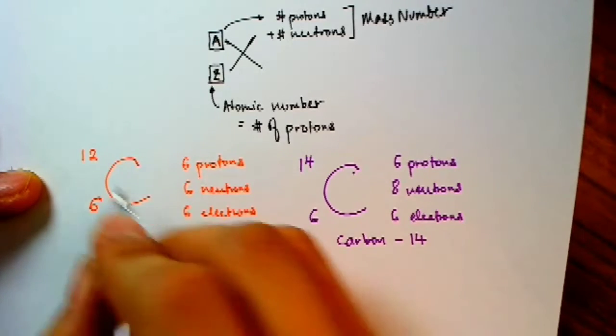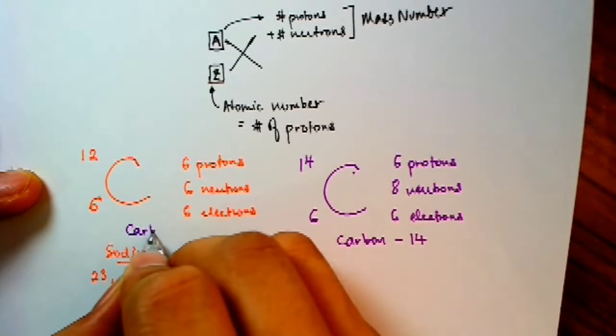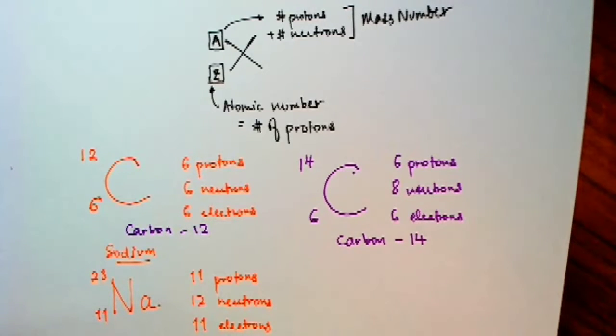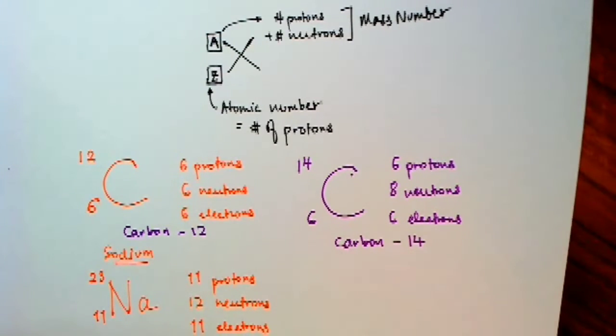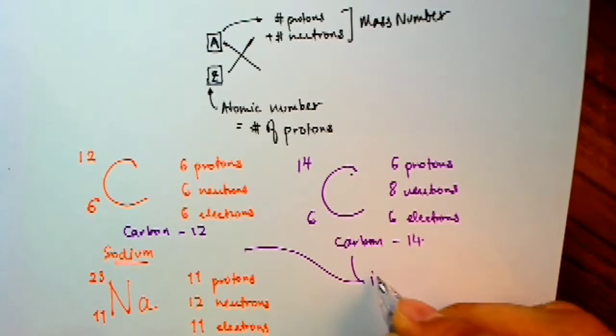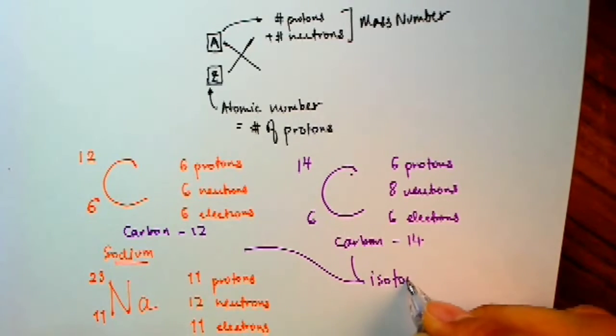Okay? Now, an element found with a different number of neutrons but the same atomic number, such kind of elements are called what? Isotopes. Okay children, what do we call them?